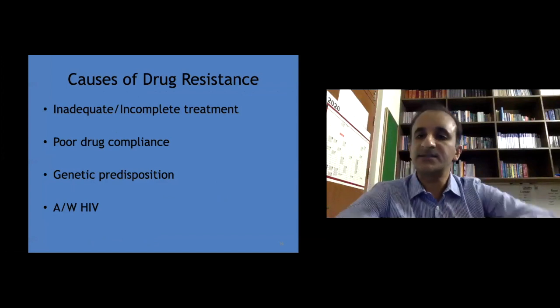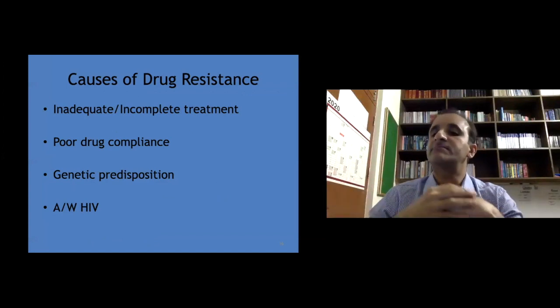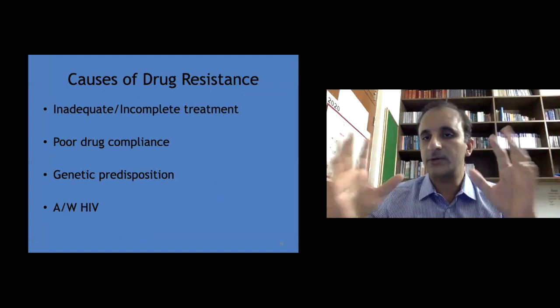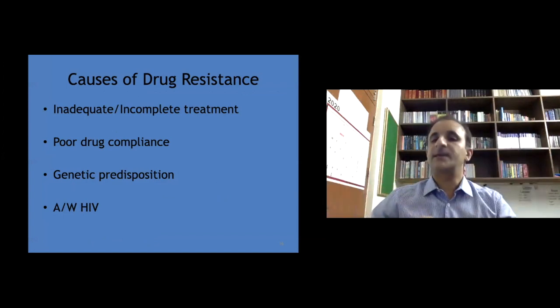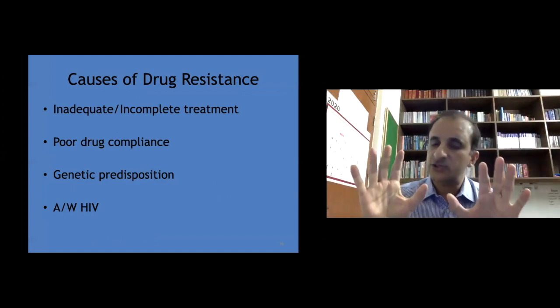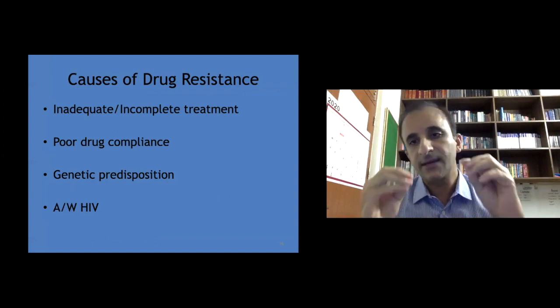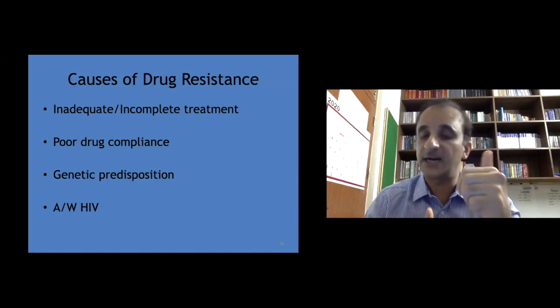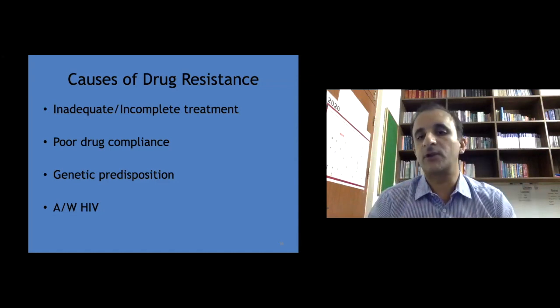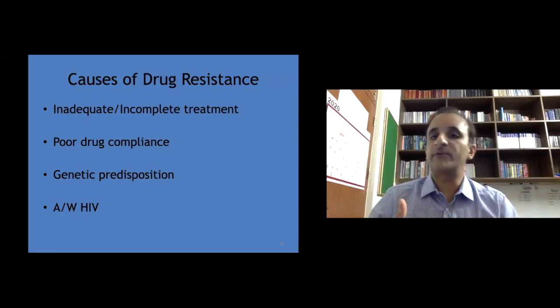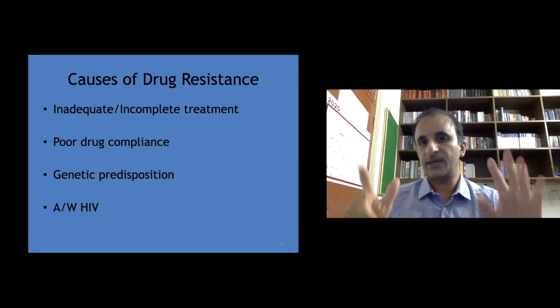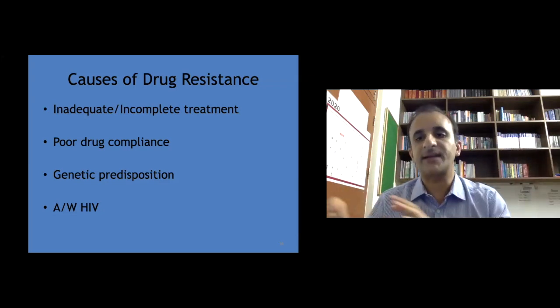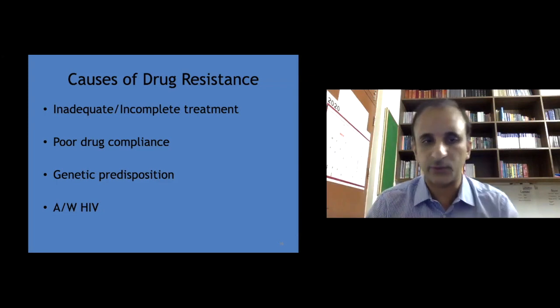Then this gentleman stopped taking drugs, or took drugs according to his whims and fancies, and now he comes to you. So please try to consider this patient as an MDR, because there are higher chances of him developing into an MDR. So try and investigate him fully. The second is the group where there's poor drug compliance. Okay, he's taking for 2 days, not taking for another 4 days, and so on and so forth.